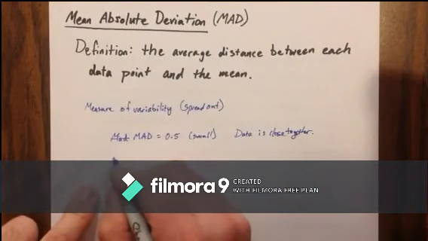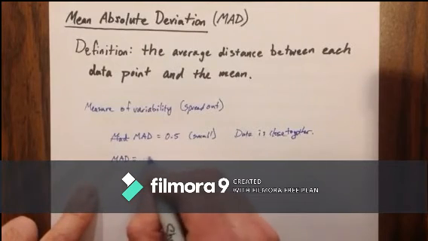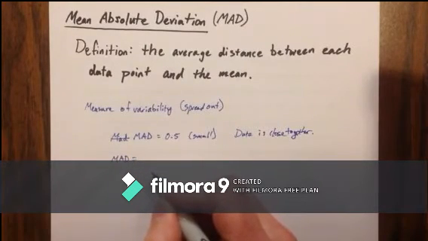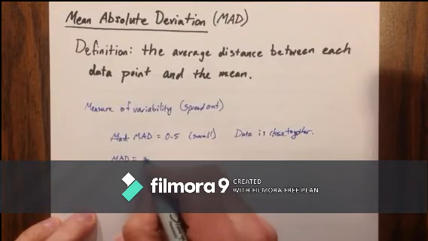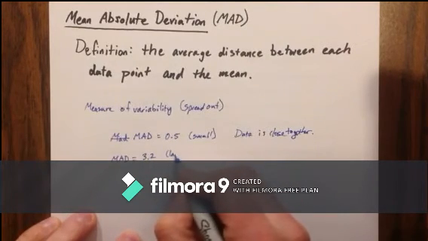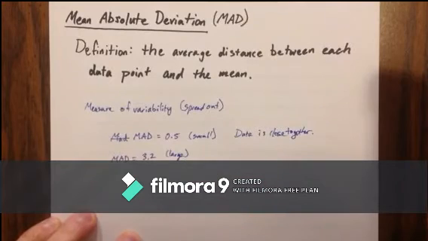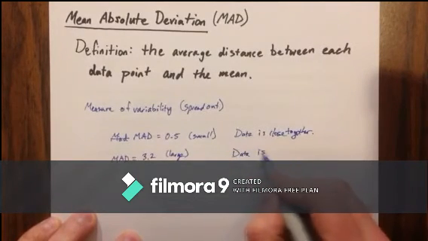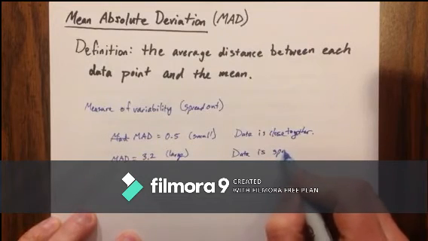But if we had a MAD that was larger, depending on, again, what we're measuring, let's say it was 3.2, compared to 0.5, that's fairly large, and that data will be more spread out.